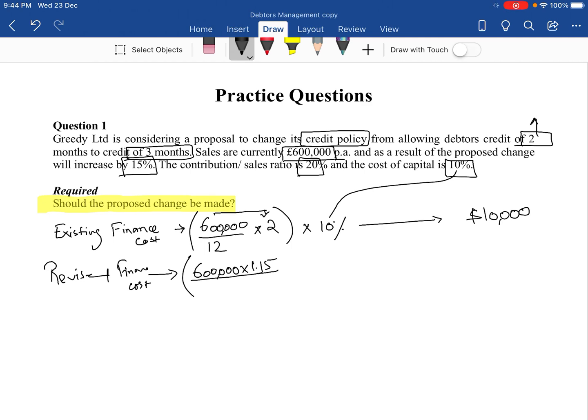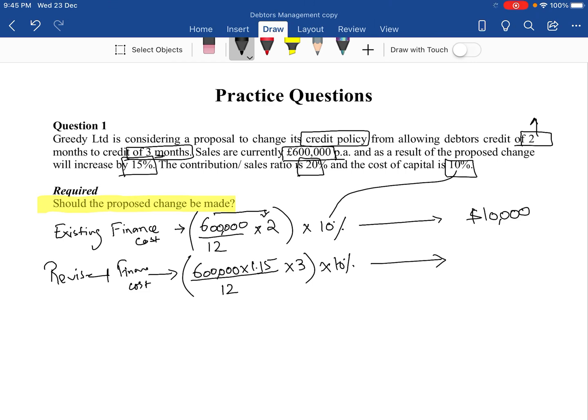So it will be 15% more than the existing sales. That's why I'm multiplying it with 1.15 to include the 15% increase in sales. And then again, I have to divide it by 12. But this time I need to multiply it by 3, because the revised policy is to extend the credit period to 3 months, and then multiply it by 10%.